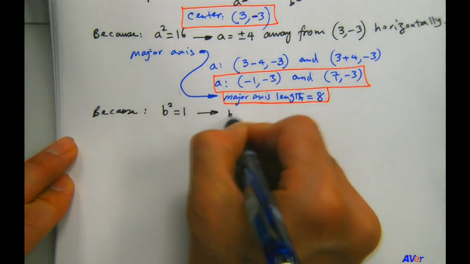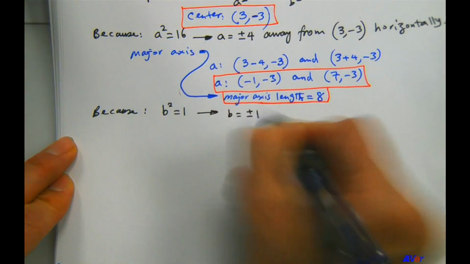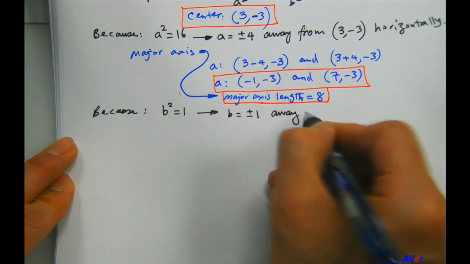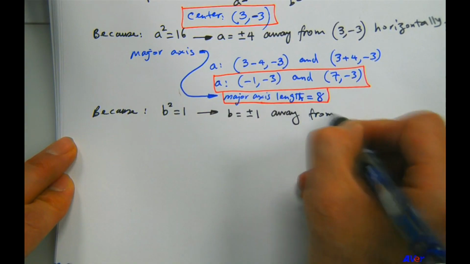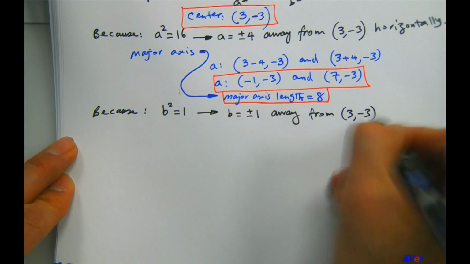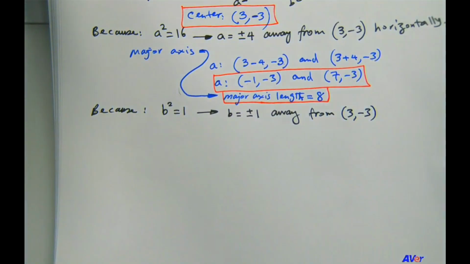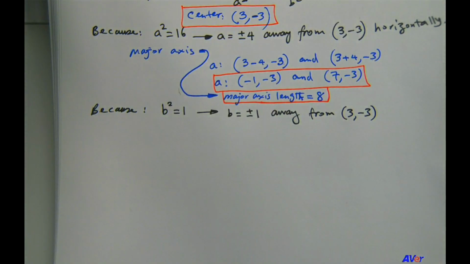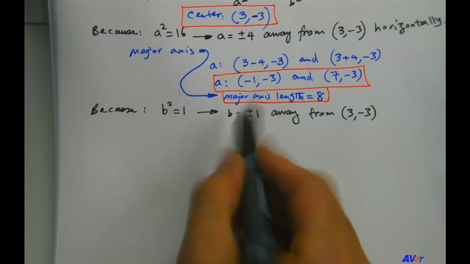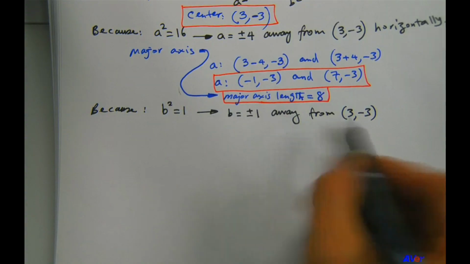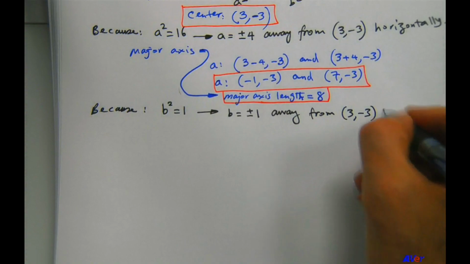Therefore, b will be equal to plus or minus 1 away from this. In which direction? Horizontally or vertically? Well, the major axis is horizontal, so the minor axis for the ellipse has to be vertical. So this plus or minus shift is from this center vertically.